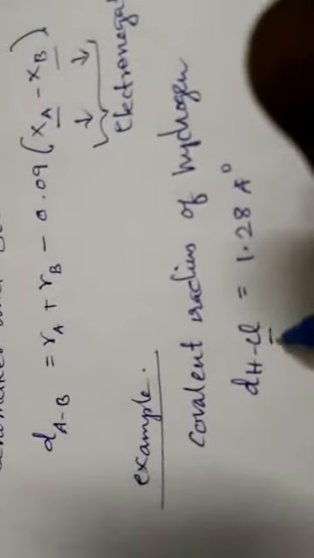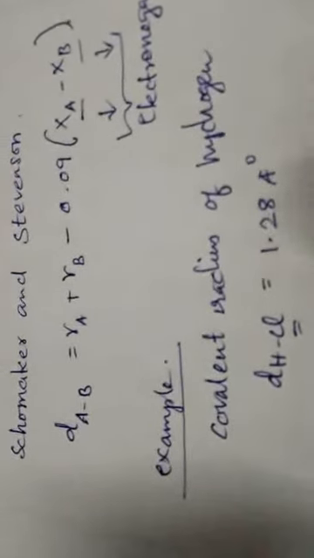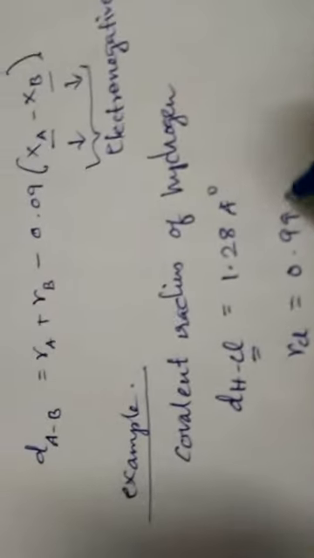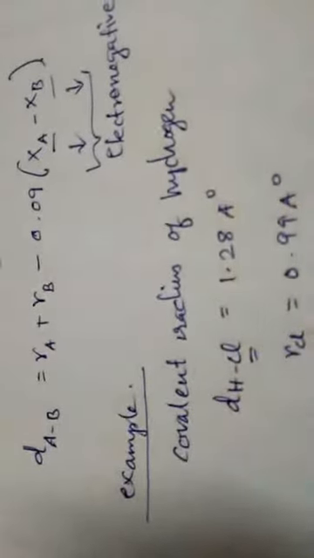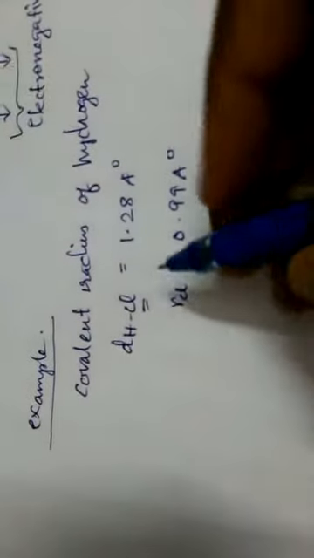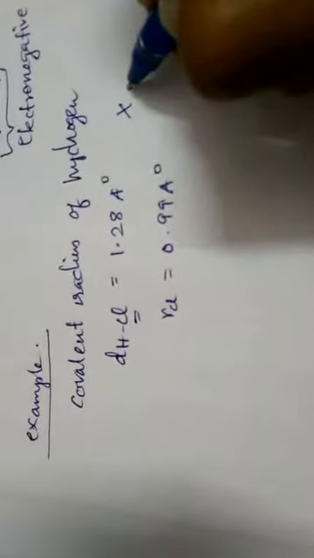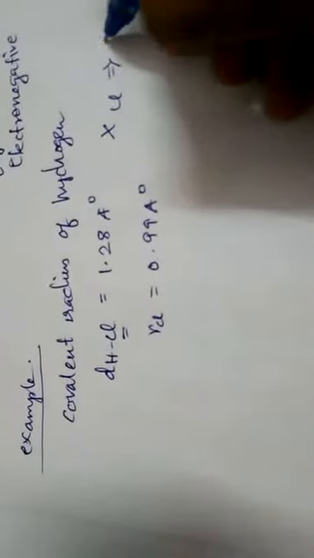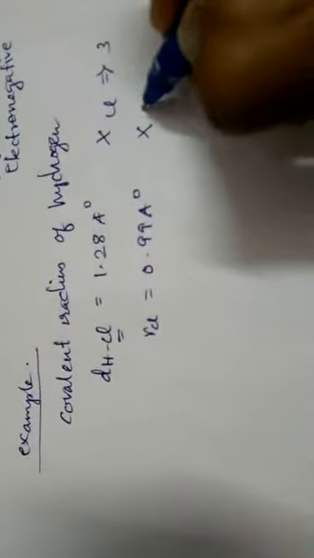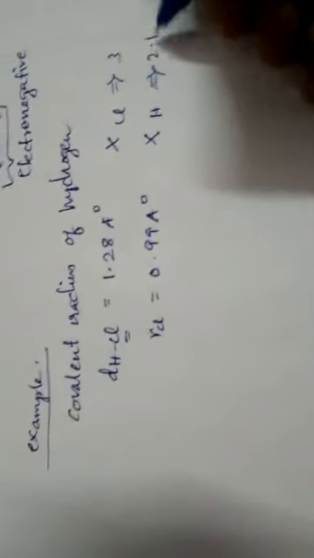And chlorine also, previous sum. Radius of chlorine equal to 0.99 angstrom. Next, XA and XB electronegativity. XCl equal to 3. X hydrogen equal to 2.1. That is given data.